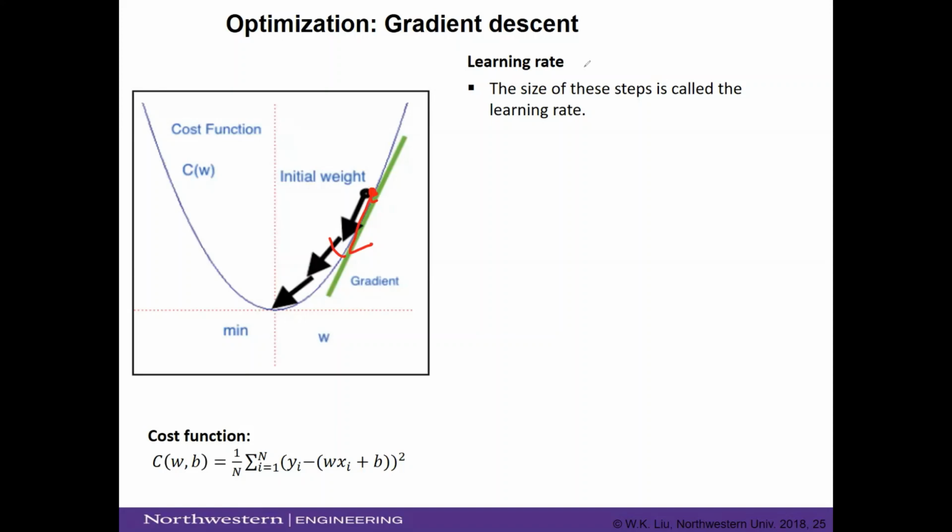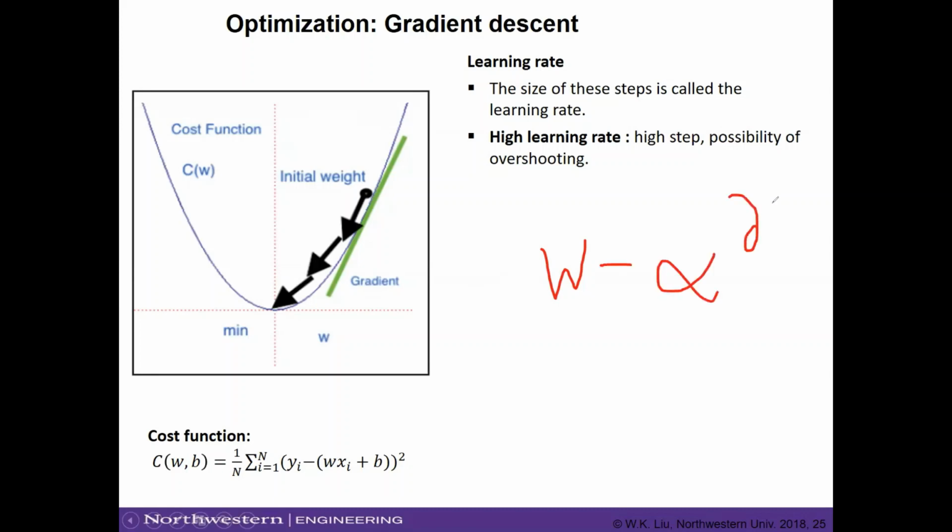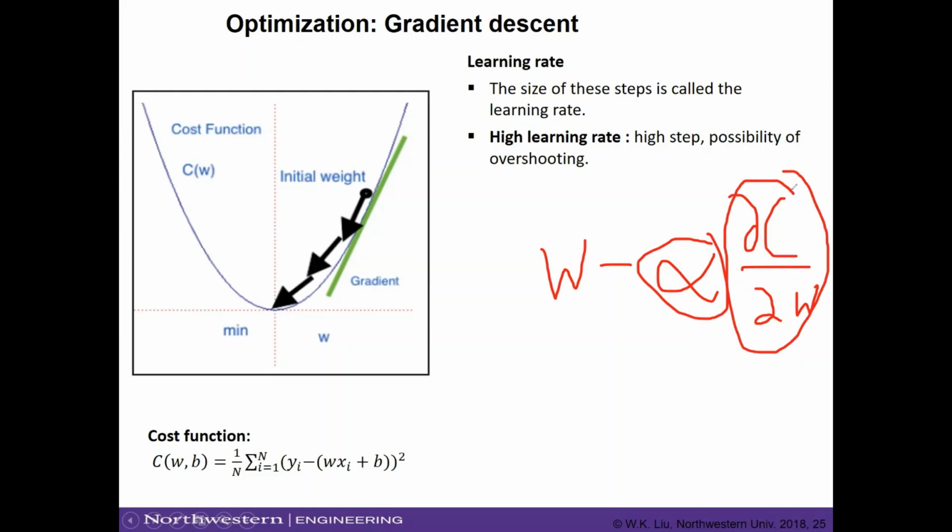Let's further explain it. This works like steps. Let me do it like this. This is my initial value of weight, and these are two terms I will explain now. This is called the learning rate, and this is called the gradient.